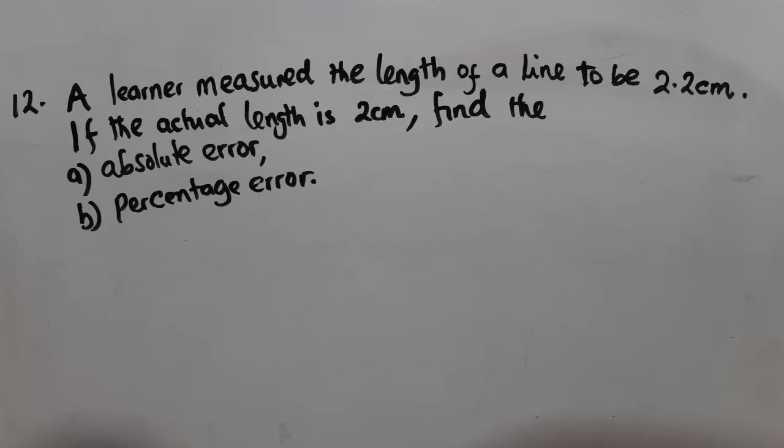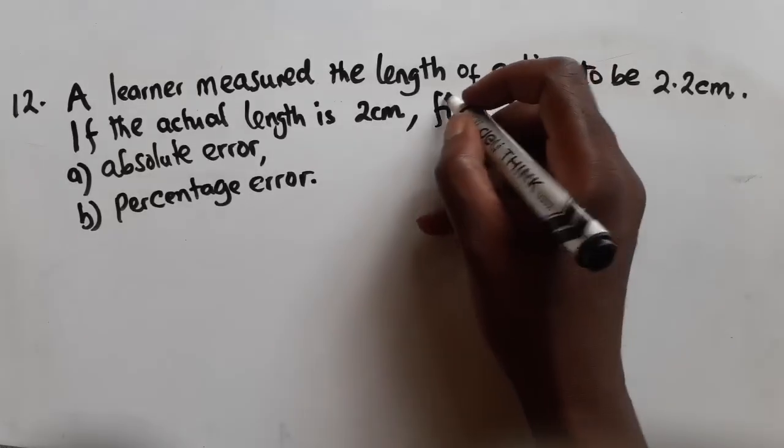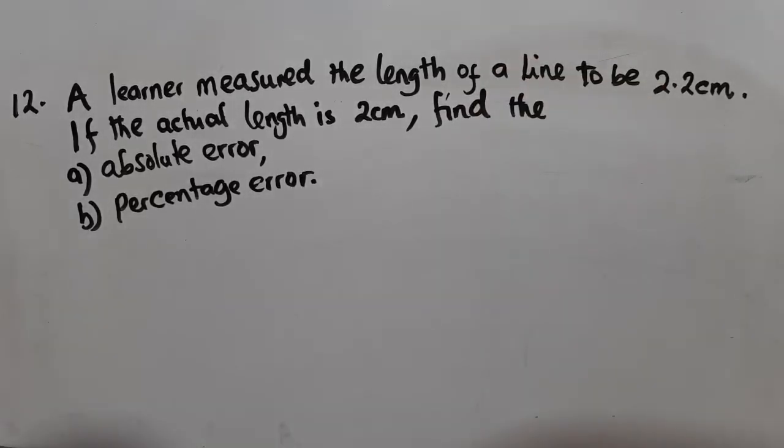So we come to question 12. A learner measured the length of a line to be 2.2 centimeters. If the actual length is 2 centimeters, find the absolute error. Find the absolute error.